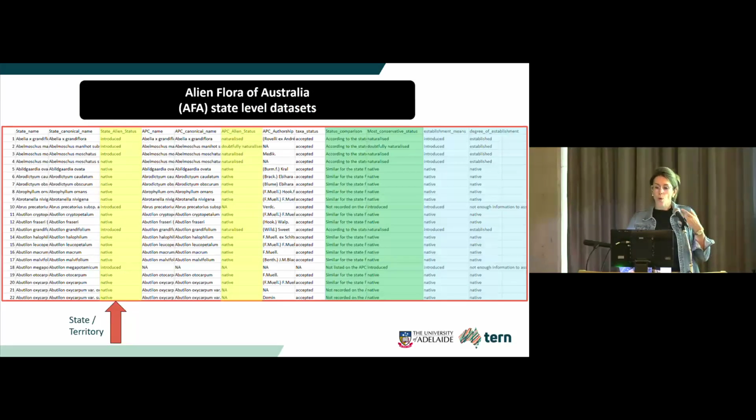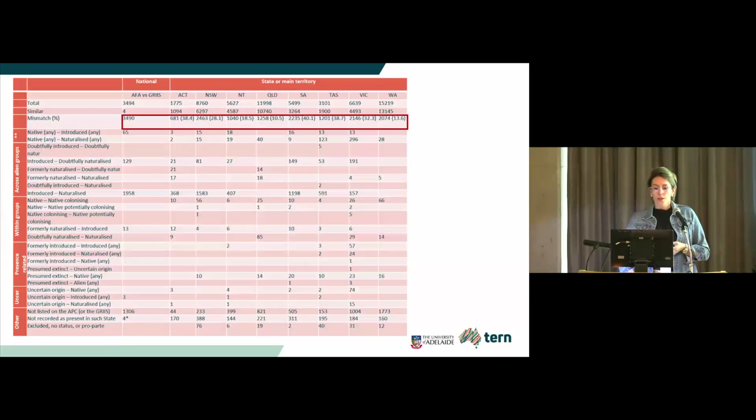So we've actually generated data sets at the state level, but we've retained the source information from those state censuses. And we do have the alien status at the national level, the comparison, and the Darwin Core, so we're able to identify the mismatches. The mismatches range from 10% to 40%.